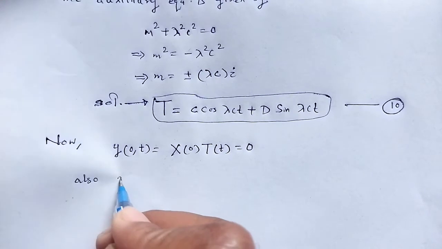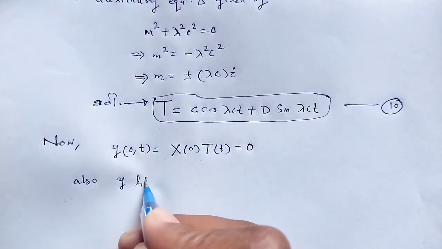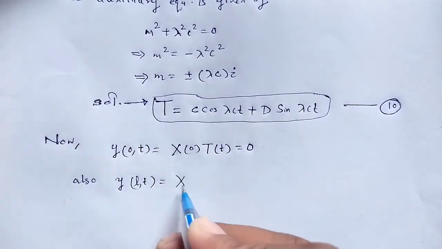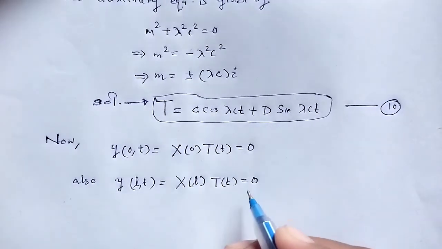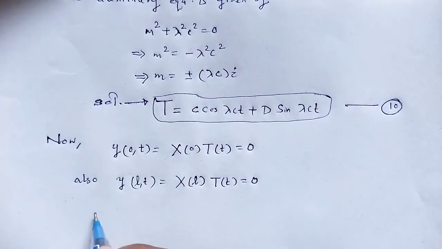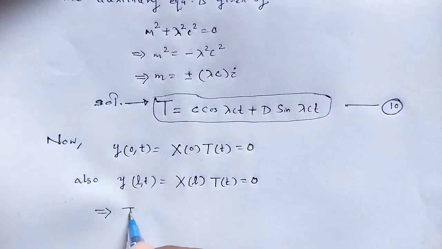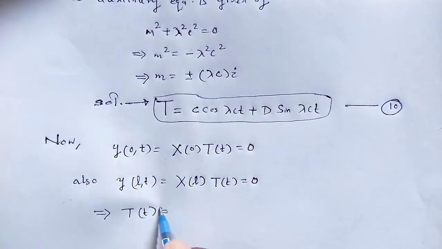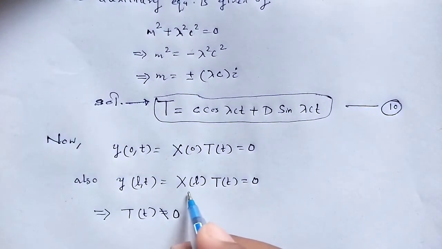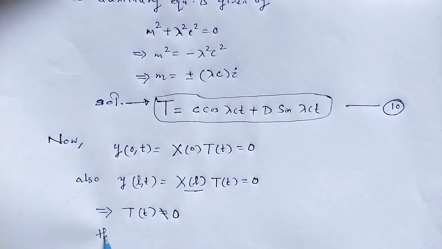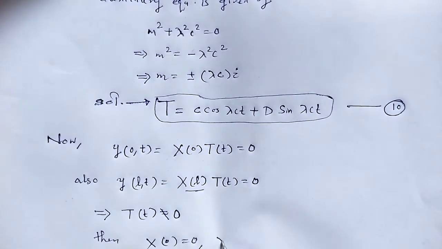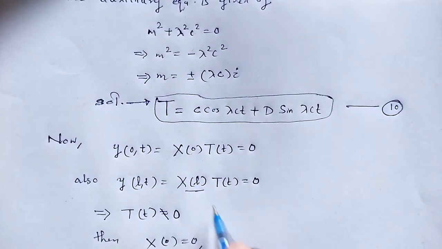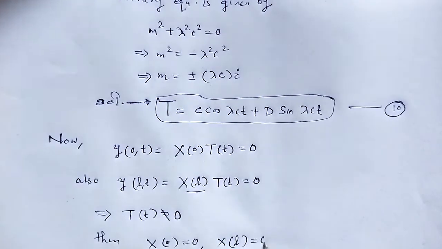Also y of L, t, that is X of L times a function of t, is equal to 0, which implies T at t not equal to 0, therefore that term is equal to 0. Then X at 0 is equal to 0 and X at L is equal to 0.